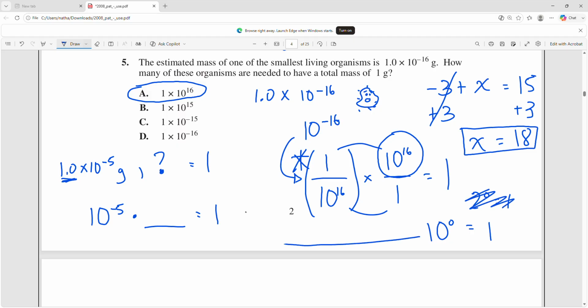So in this case, how could I get 10 to the power of 0 so I get this to be equal to 1? Remember, if I put another one of these numbers here, 10, and I make this exponent the same value as this, but positive, in this case we know we're going to add exponents, right? So if I add my exponents, -5 plus 5, that gives me 0. So that would be like saying I get 10 to the 0, right? Which is 1. Okay, so that gave us our 1 gram in that case.